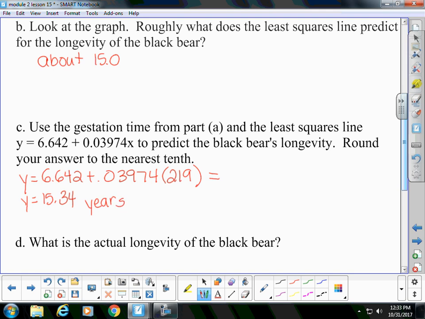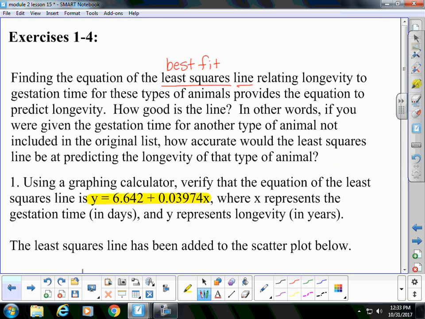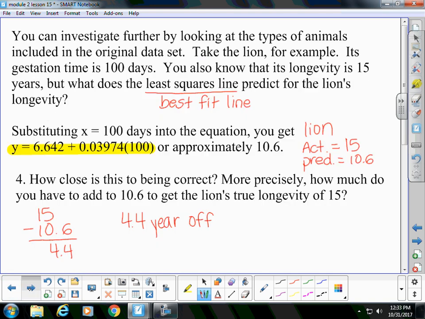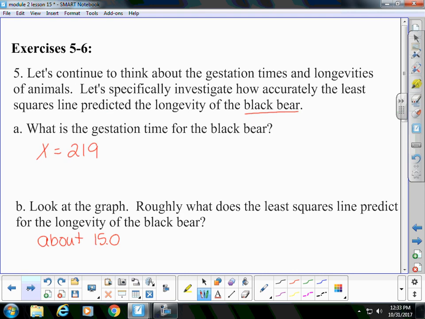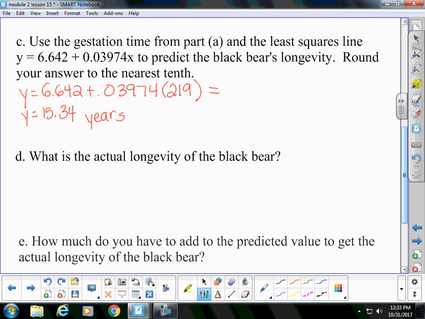Okay, now they're asking us what is the actual, so we can go back to the table and look at the actual. And the actual is 18. Now it says how much do we have to add to the predicted value to get the actual.